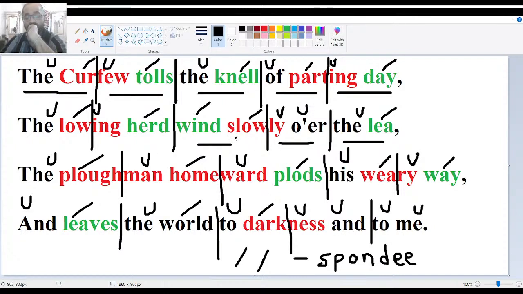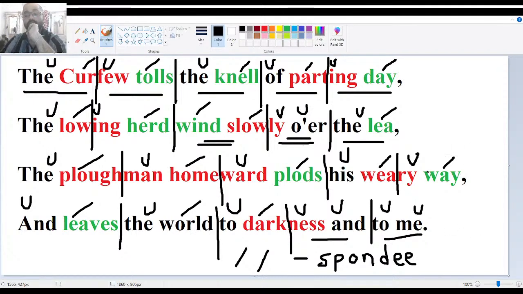Second line third foot is a spondee, this one here, and second line fourth foot is a pyrrhic. In the third line there is no variation. In the fourth line, fourth foot and the fifth foot, these two feet are paired.